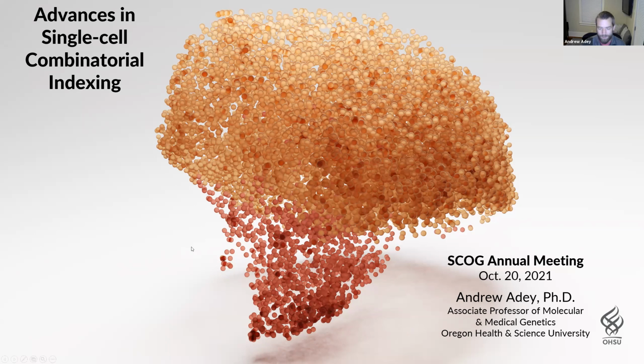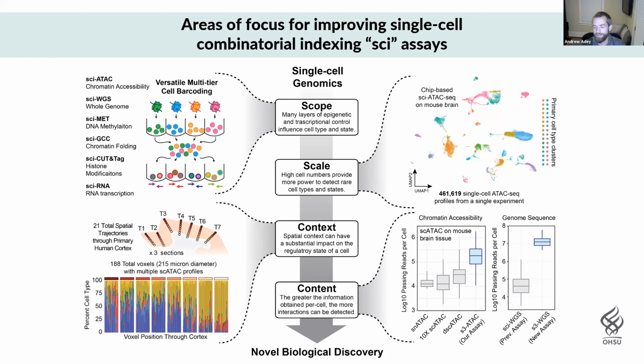So today I'm going to be talking a lot about some of the technology components that we've really been pushing forward in my lab. In single cell omics, there are these different components that we've tried to move forward. One is scope: what properties can we actually assay at the single cell level?